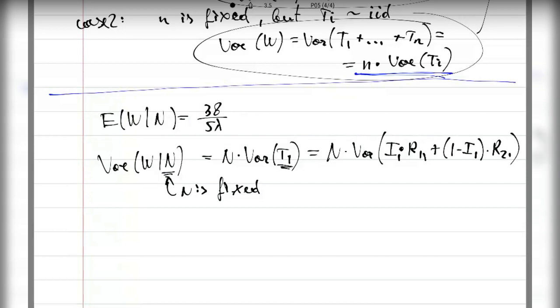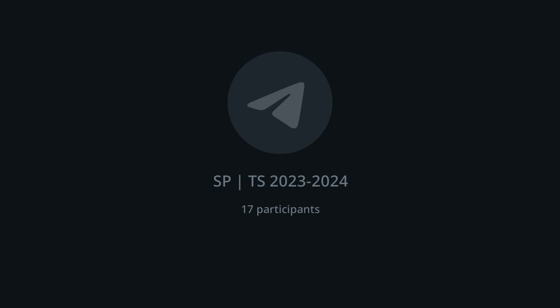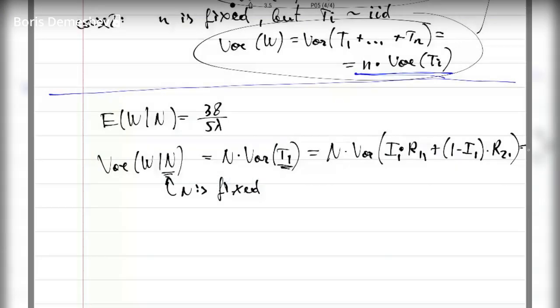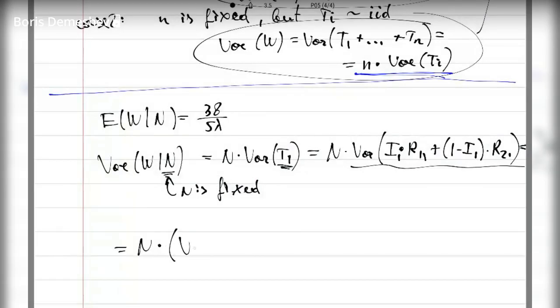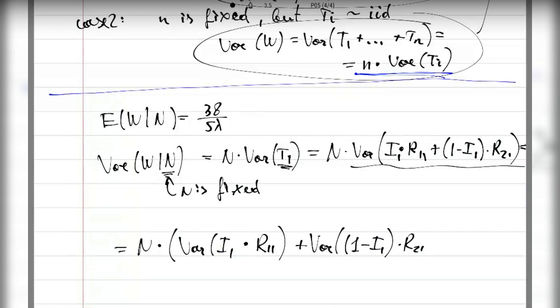Do you remember that the time we need to answer a particular question is randomly selected between two random times? Hence, let's calculate this value. That seems difficult, but in real life it's not. We have the variance of I1 times R11 plus the variance of (1 minus I1) times R21.